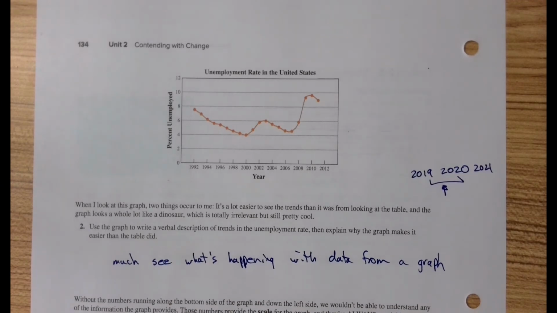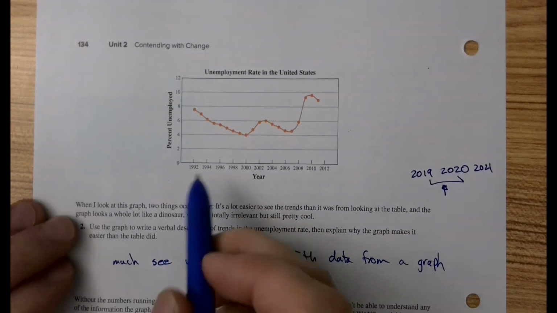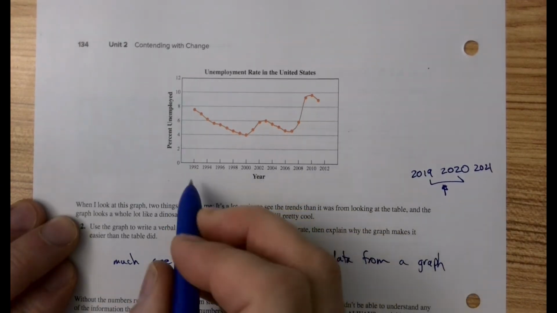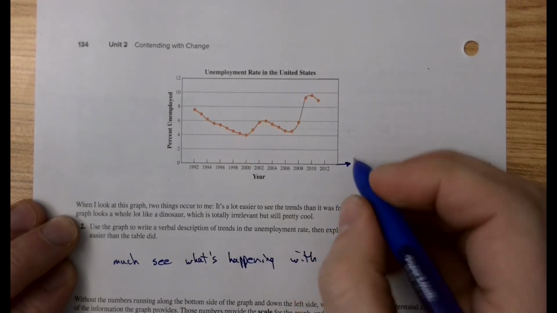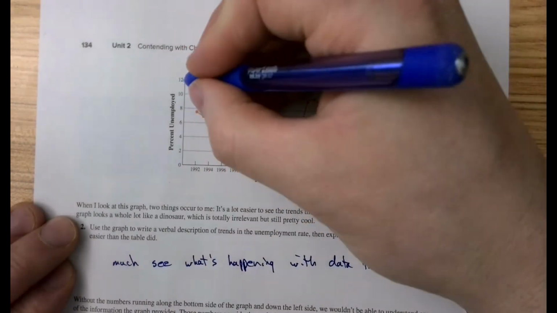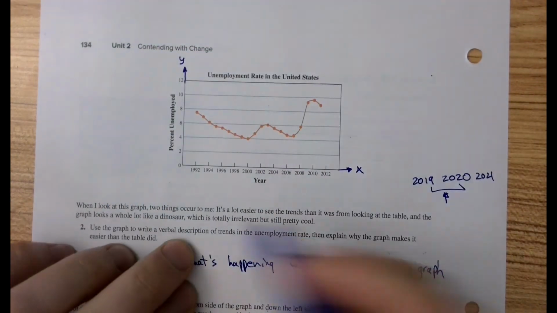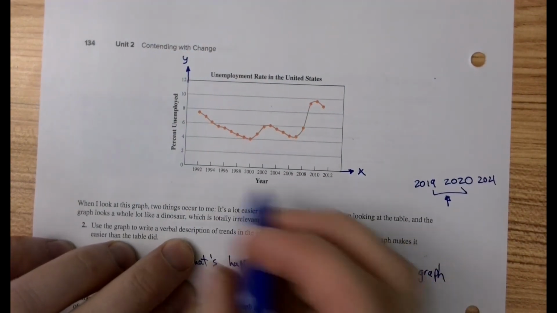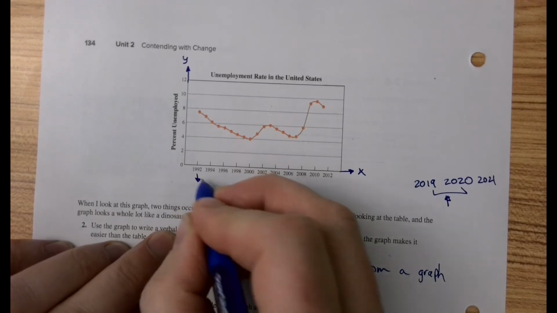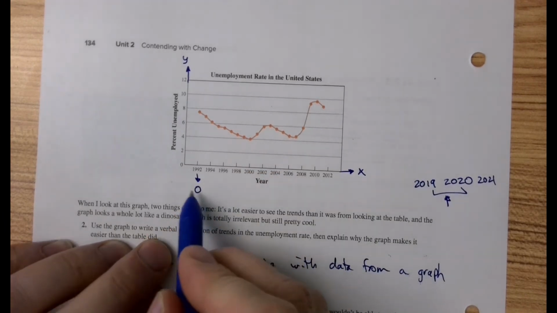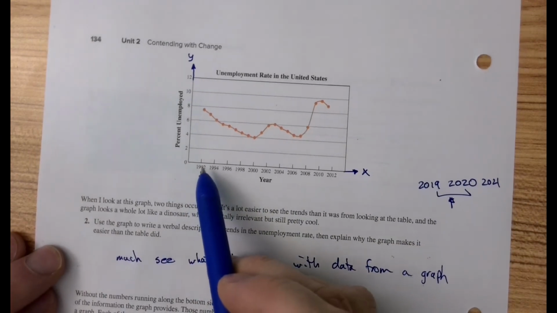Some things that are important when reading a graph is to note the scale on the bottom. We call this in the math world the x-axis, and the scale on the y-axis, and what those units are. So these are given in years. Now we often will write this as years since 1992 and call that value 0, just so that when we're actually graphing, we don't have to plot really big numbers.